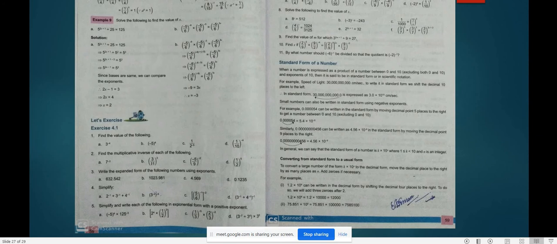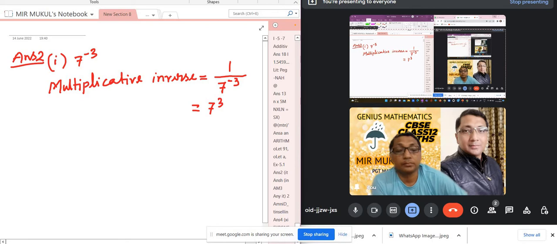Then the next question, 1 by 2 to the power 5. So we have to write the multiplicative inverse of 1 by 2 to the power 5.